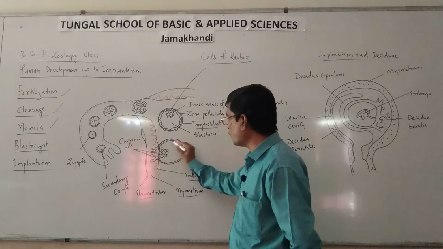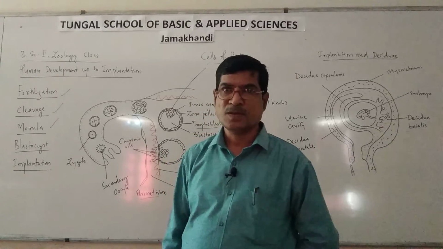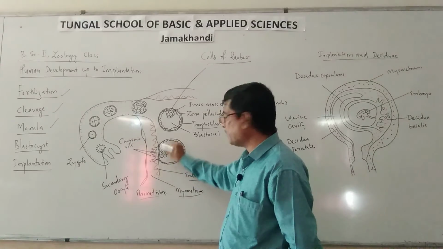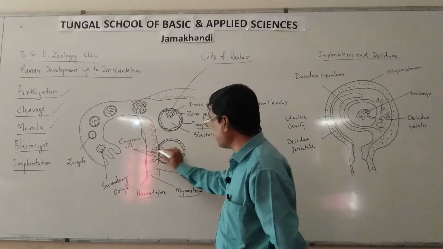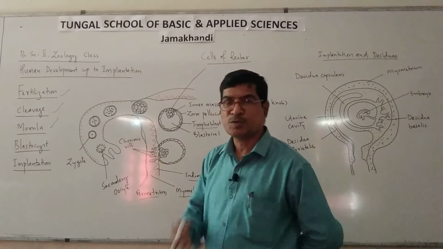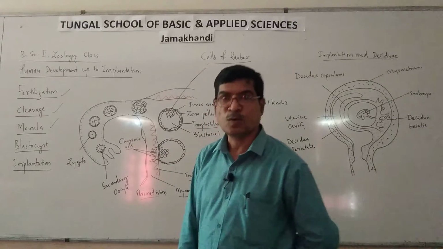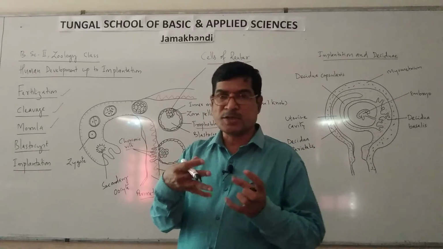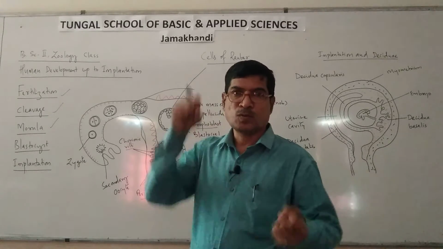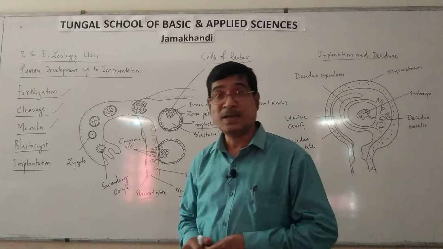Now at this region, the trophoblast cells start to secrete enzymes. These enzymes erode the lining of the endometrium. As a result, finger-like projections are sent into the tissues of the endometrium. These are called chorionic villi. These finger-like projections enter the endometrial tissues to take nutrients and other requirements from the maternal circulation.